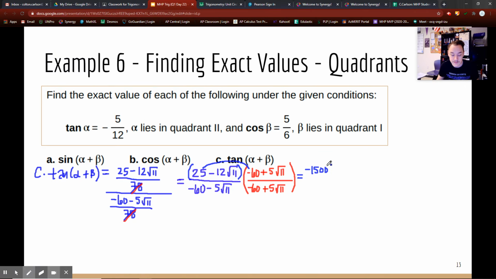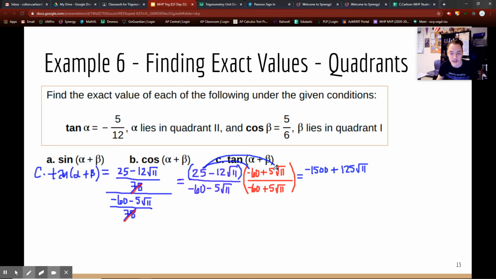Okay, 25 times, this is my outer term now for FOIL. First, outer, inner, last. This is my outer term, 25 times radical 11. So 25 times 5 is going to be 125, and then I just tag on the radical 11.